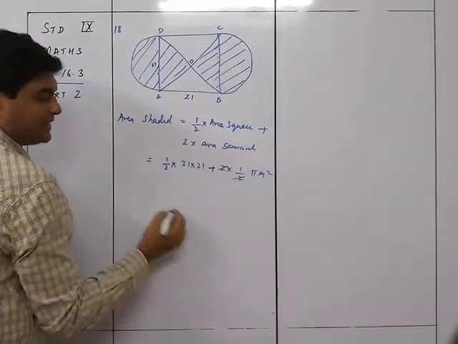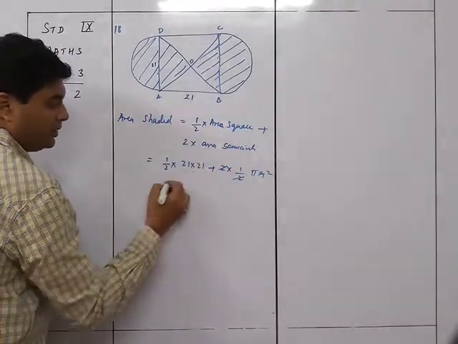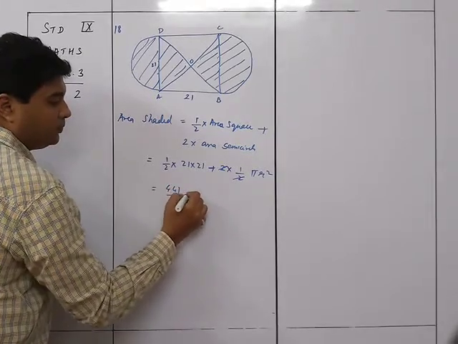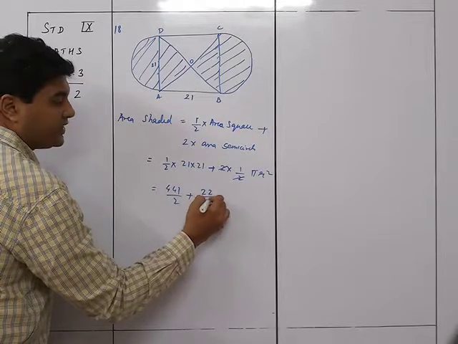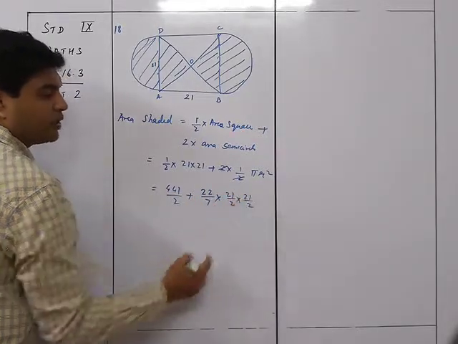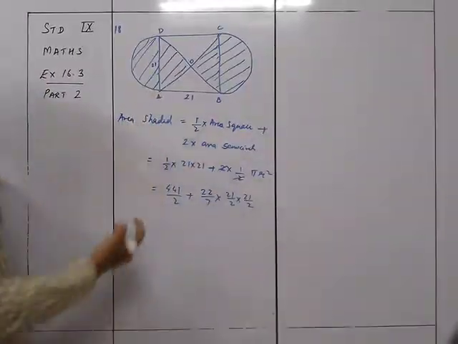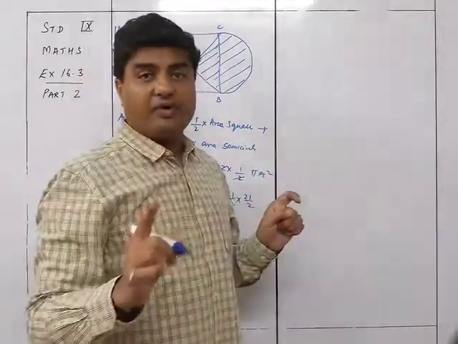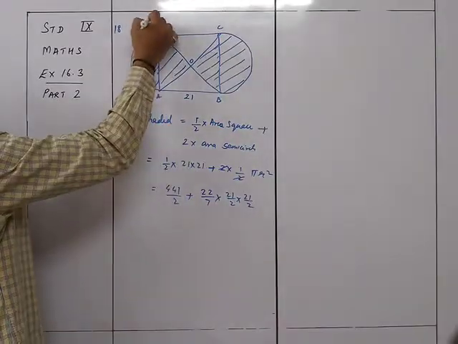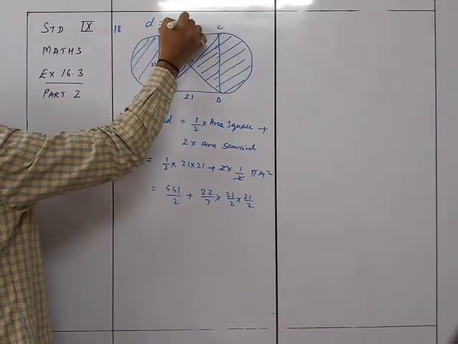So here 2 gets cancelled. So this will be 21 into 21 is 441 upon 2 plus 22 upon 7 into 21 upon 2 into 21 upon 2. Because the diameter is 21, the radius will be half of it. Initially we should write over here, D is equal to 21 centimeters.